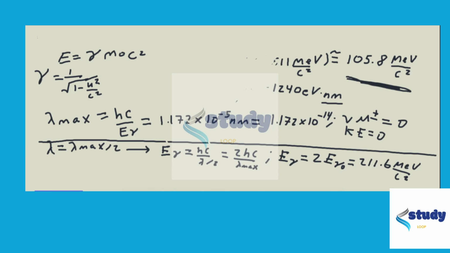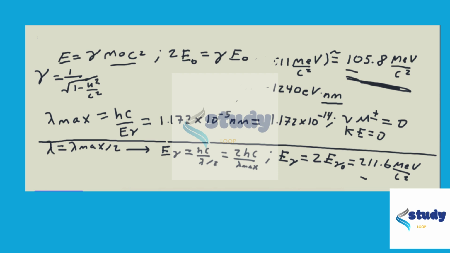All right, what we need to realize is that E is equal to 2 times the rest mass, because rest mass was 105, and we have a quantity that's twice that. So our energy is 2 times rest mass, and that's equal to gamma times rest mass.